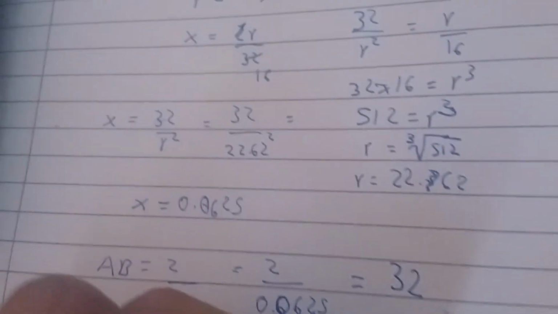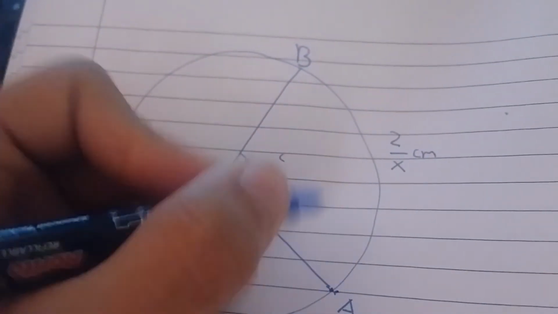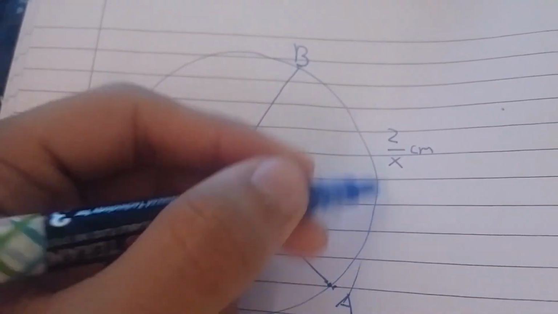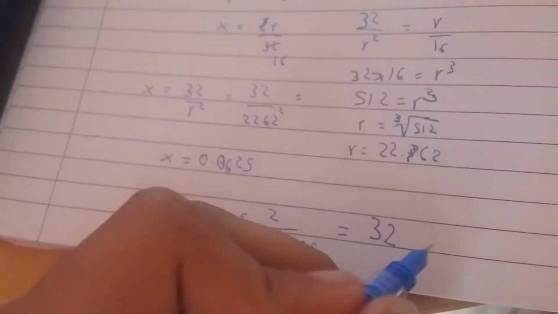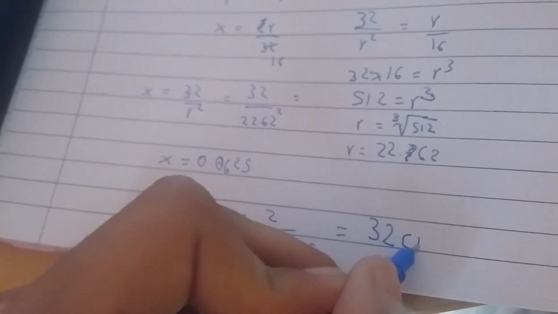Perfect, 32. So the length of arc AB is equal to 32, and don't forget the units, centimeter. There's your answer.